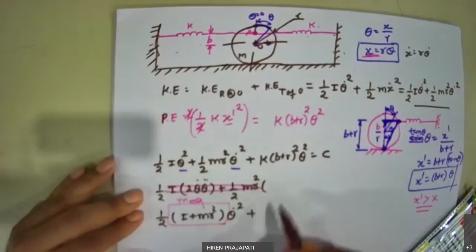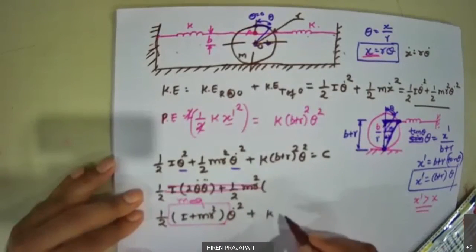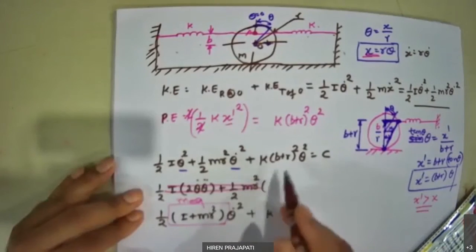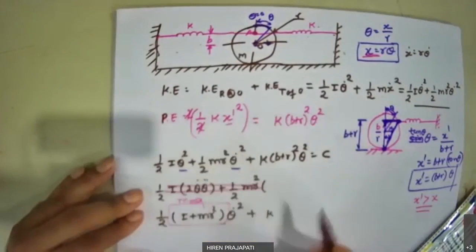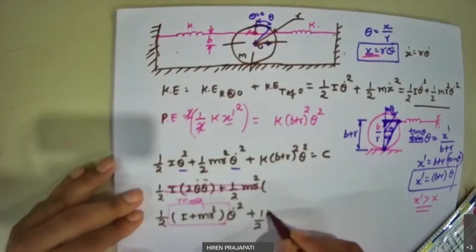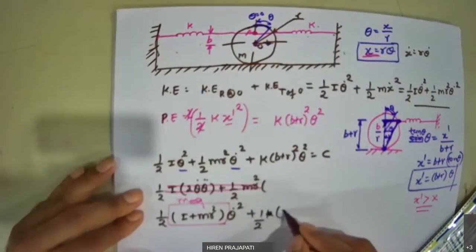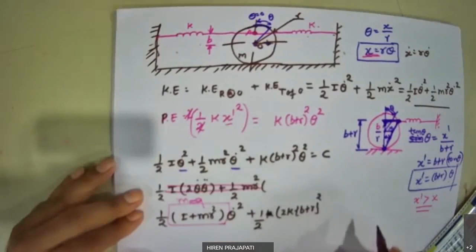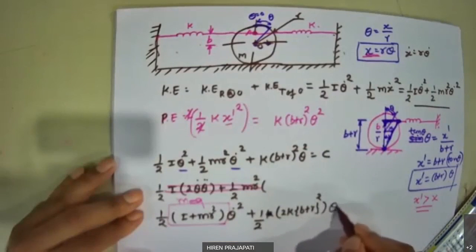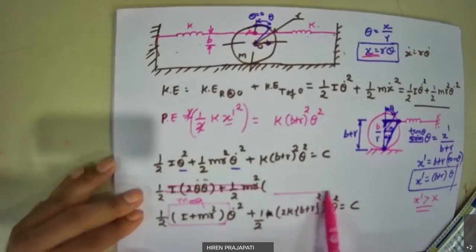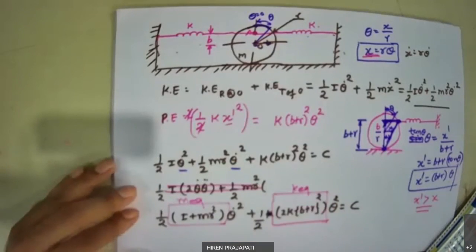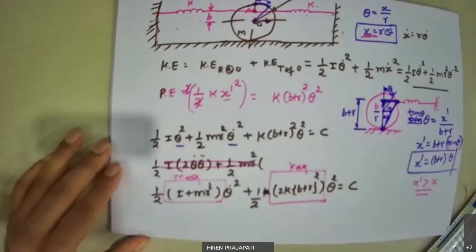Similarly, plus k, and if I write in the previous form, because we have removed the half and half, if I consider that half again, then 1/2 times 2k (b plus r) square theta square is equal to constant. This term represents k equivalent, right? I hope it is clear to both of you.